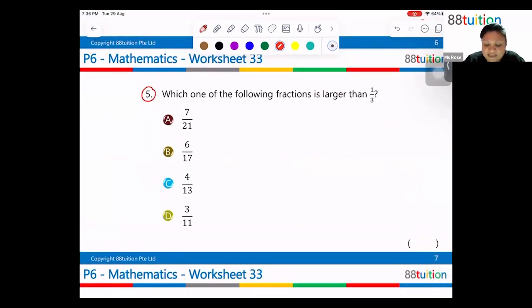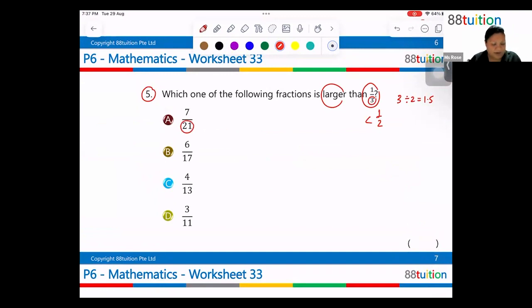Which of the following fractions is larger than 1/3? Larger than 1/3. Now, this is the trick. 1/3 is less than half, right? So if I look at this, 3 divided by 2 is 1.5. So I look at 21.